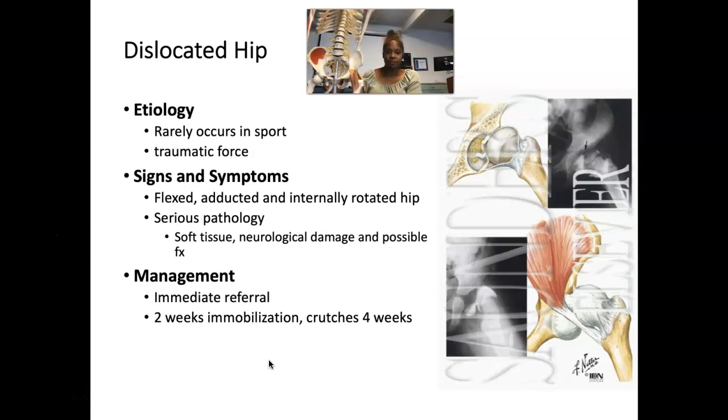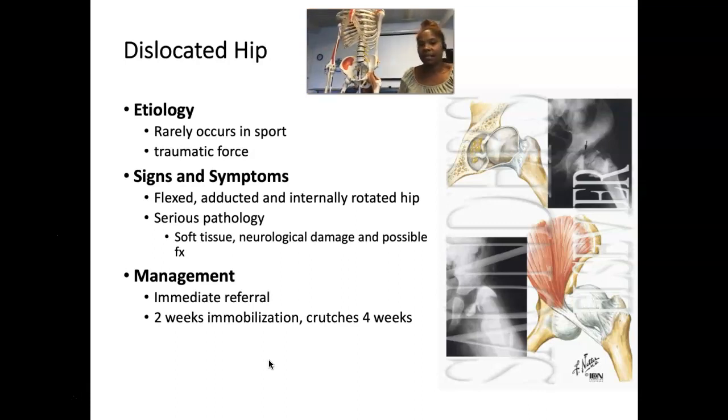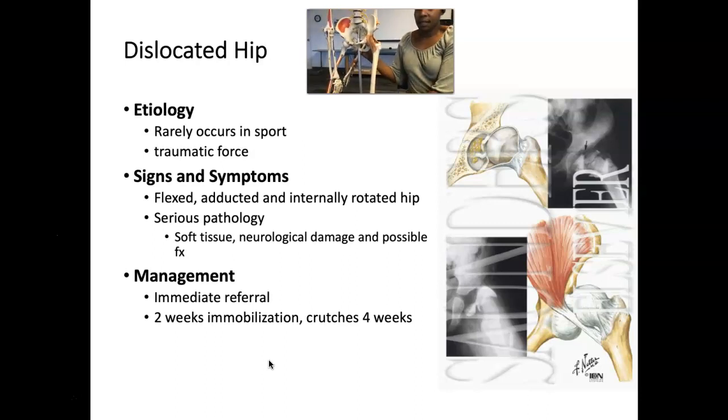Number one, you ready? In hip flexion, they are going to be adducted, and they are going to have an internally rotated hip. So if you could imagine a position like this, if you run out to the field after an athlete has been tackled and falls down, if their limb is like this, most likely they have a hip dislocation. That's a 911 call, right?